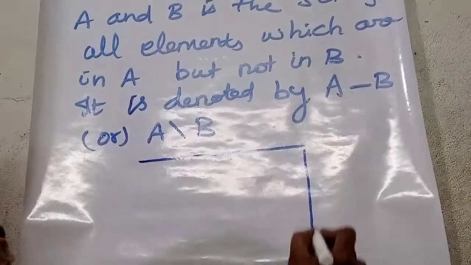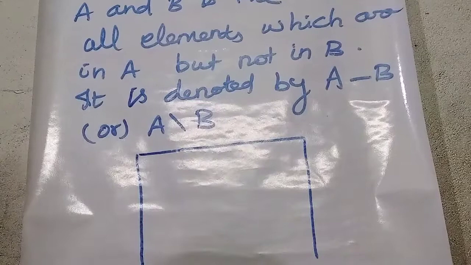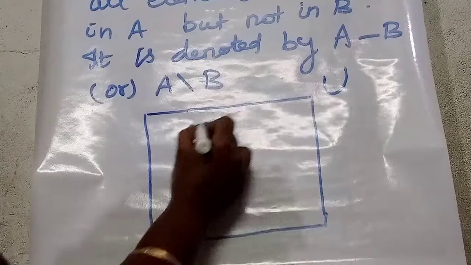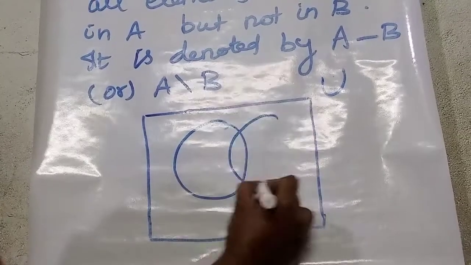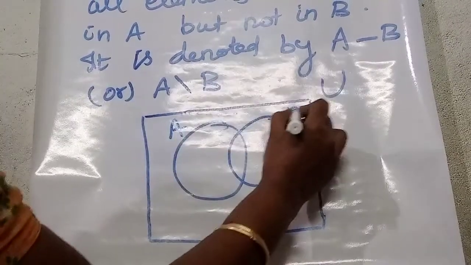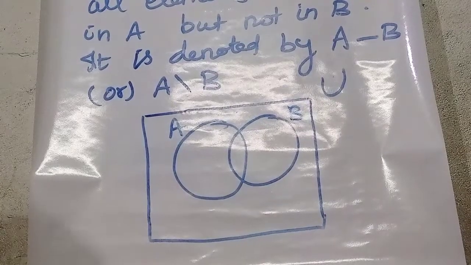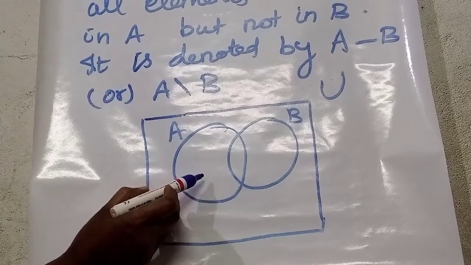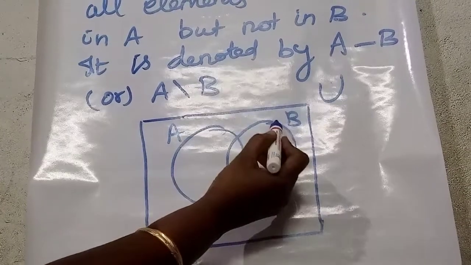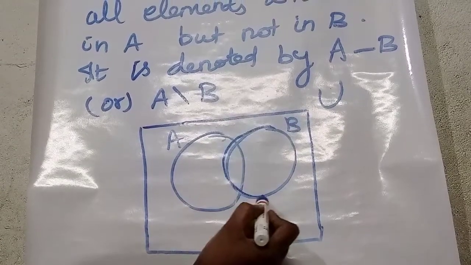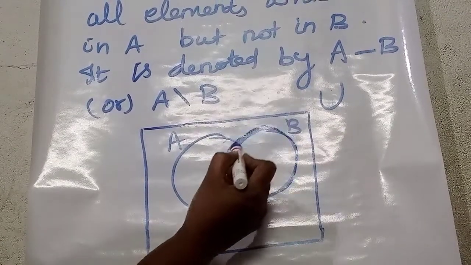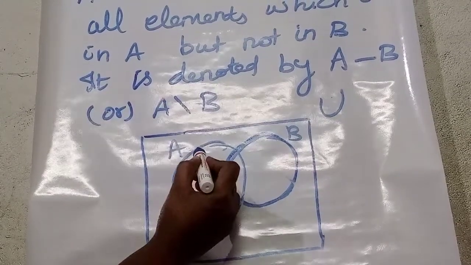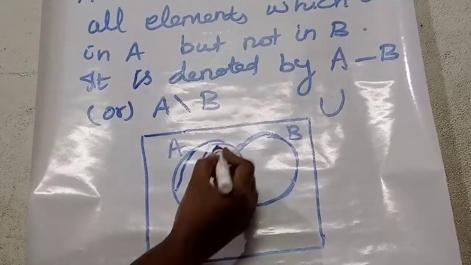So let us draw the universal set, the bigger set. There are two joint sets, A and B. So we have to show A difference B. The definition is telling which are in A, not in B. So except B. This full set is B. So we should not touch the set B. The remaining is A difference B. So the remaining part we have to shade.